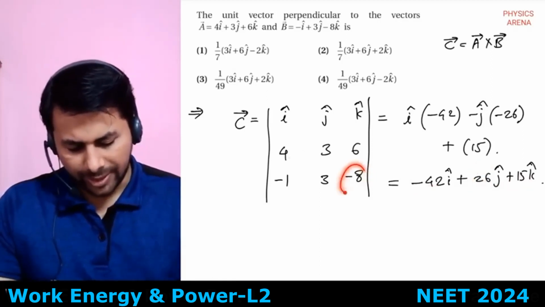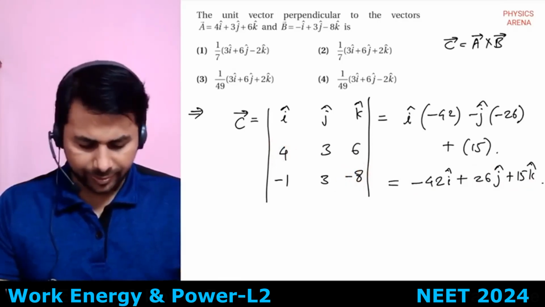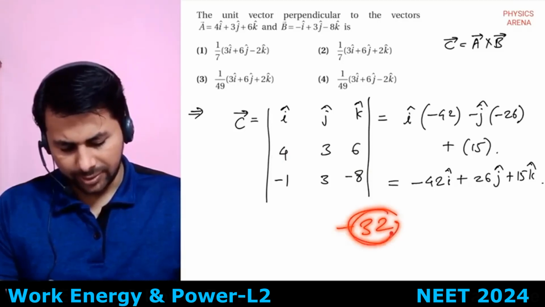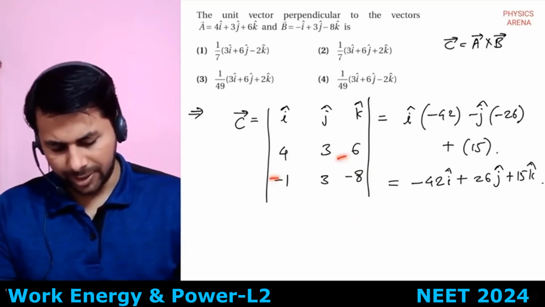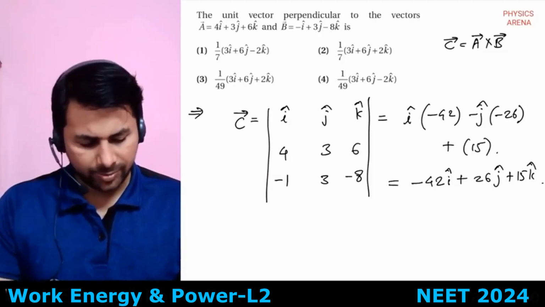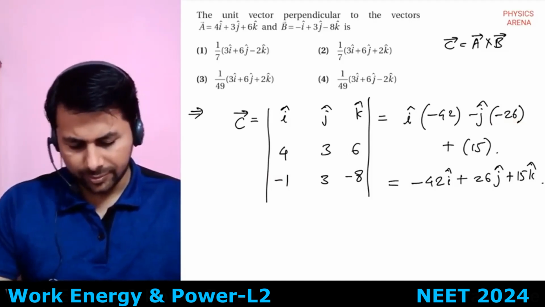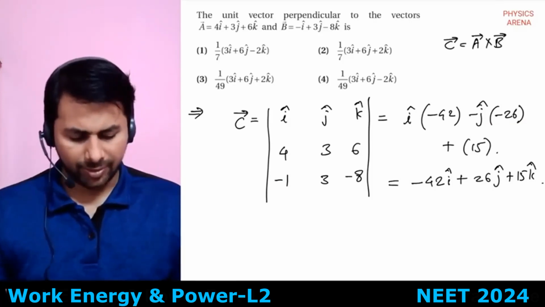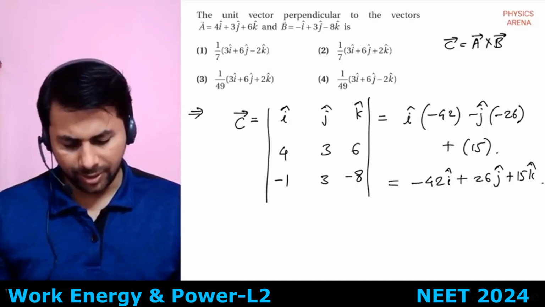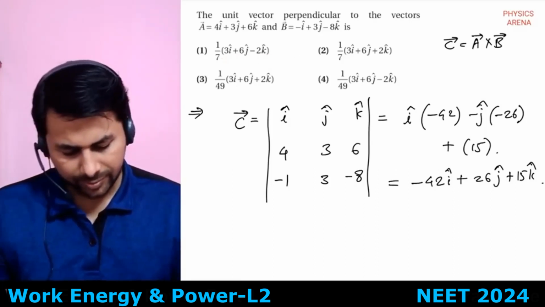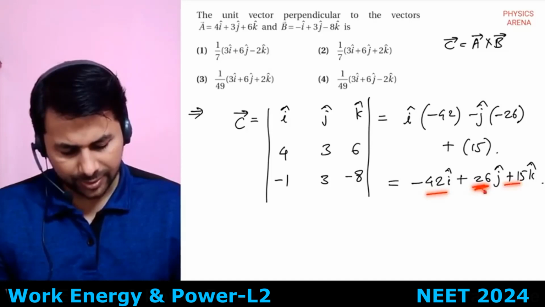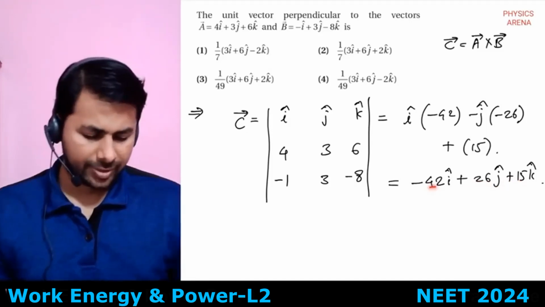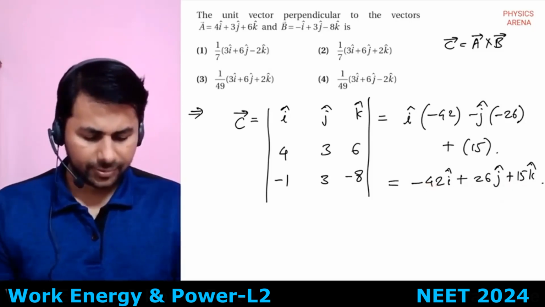So it is minus 8 multiplied by 4, minus 32, and you have minus plus 6. That is correct, right? So maybe options are wrong. If my calculation is correct, options are definitely wrong, because you cannot take anything common in these, right?